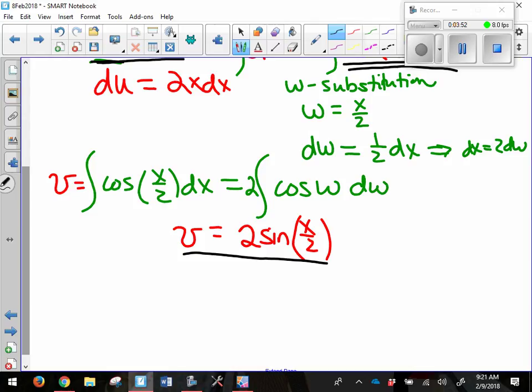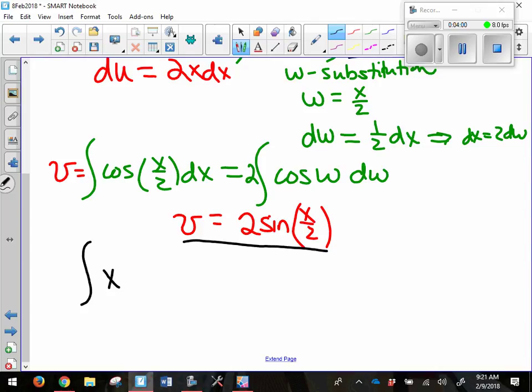So now we have to remember what it is that we were doing. So we had this integral x squared cosine x over 2 dx. I'm going to use integration by parts. I've identified my u, I've identified my v, I've got my du, I have my dv. Sarah told us that the integral of u dv is what? uv minus the integral of v du.